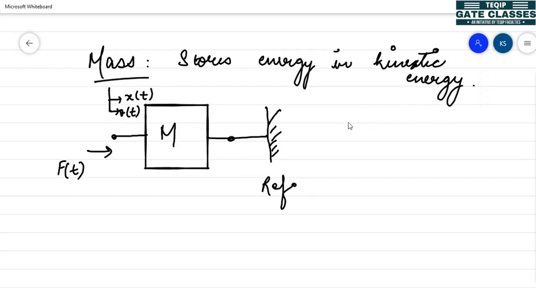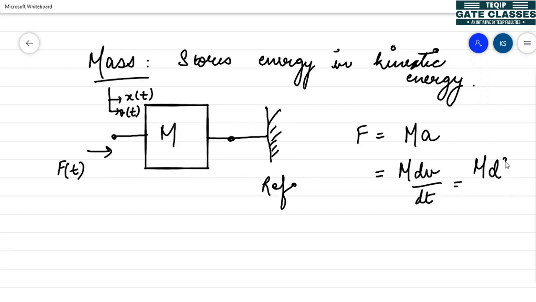So according to Newton's law of motion, force acting on a mass is equal to m into a, which can also be written as m dv by dt, or in displacement form it can be written as m d2x by dt2.